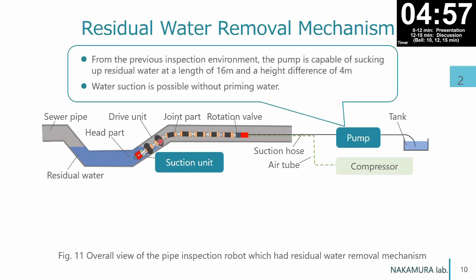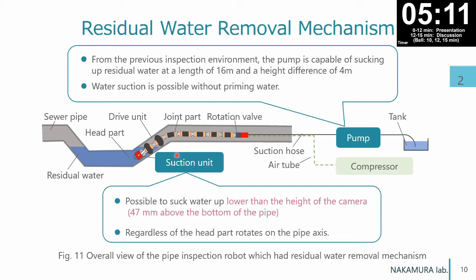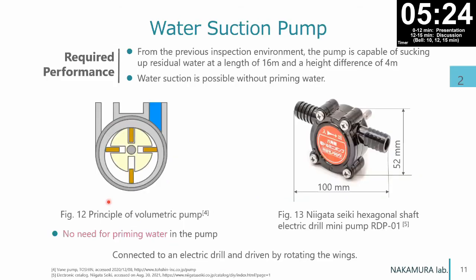The water suction pump must be capable of sucking up residual water at a length of 60 meters and a height difference of 4 meters without priming water. And the water suction unit must be capable of sucking water to a level lower than the camera when the head is rotating. So these two topics will be presented.